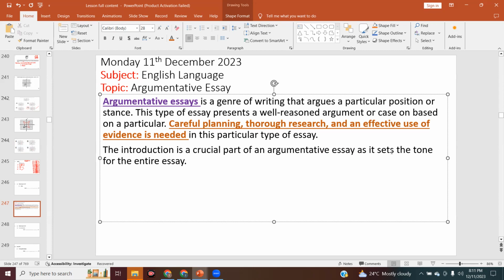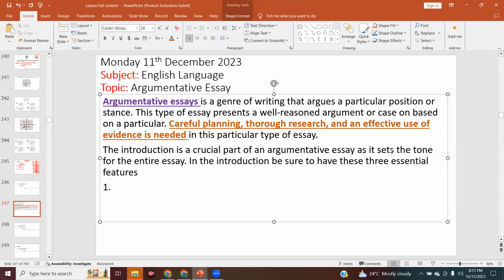So in the introduction, be sure to have these three essential, we can call them, features. The first one, what's the first one I told you that we need to have in an introduction?